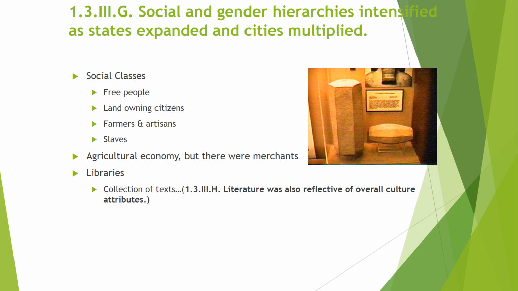1.3 Roman numeral 3.g looks at social and gender hierarchies. Once again, look at the pyramid structure of a social class discussion. You can look at social and gender as the really easy ones here. You have free people, you've got landowning citizens here in the Assyrian world, you've got your farmers and your artisans in the middle, and then eventually you've got your slave classes towards the bottom.